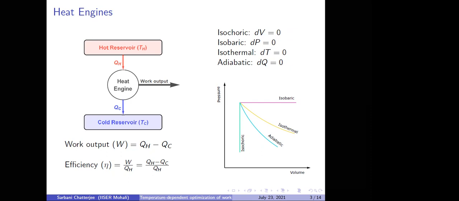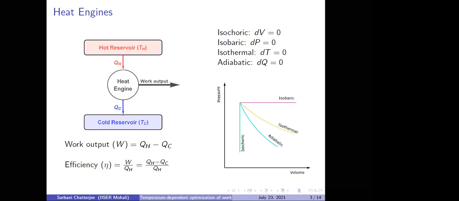Now, if the plot is perpendicular to the pressure axis, it is called an isobaric process. And in this case, dP is equal to 0. A process where there is no change in temperature of the working medium is called isothermal, and the one involving no heat transfer is adiabatic. Both these processes have some work as output. And these are the four basic processes that are involved in any thermodynamic cycle.